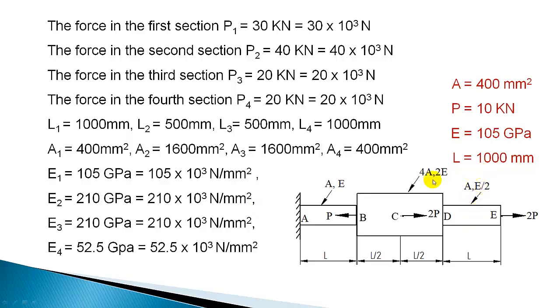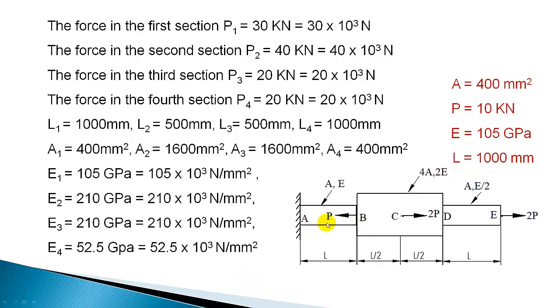Now E3 is also the same, E3 is for the portion CD, so E3 is also 210 gigapascal. Now E4, the last section, is E by 2, half of this. So that will be 52.5 gigapascal, or 52.5 into 10 raised to 3 Newton per mm square.